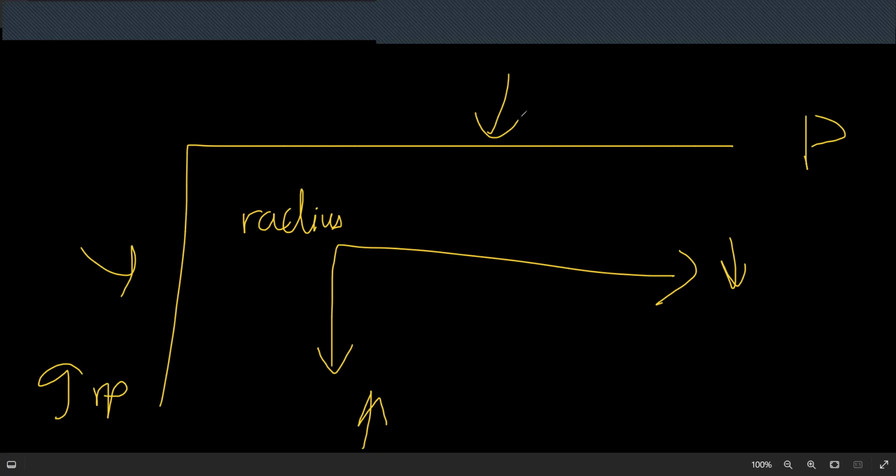So now, let's talk about ionization energy or ionization potential, which is represented by IE or IP. It is the amount of energy required to remove the most loosely bound electron from an isolated gaseous atom in its ground state to produce a cation.